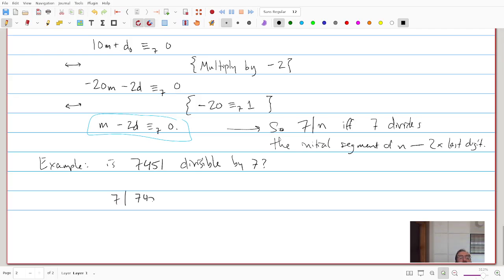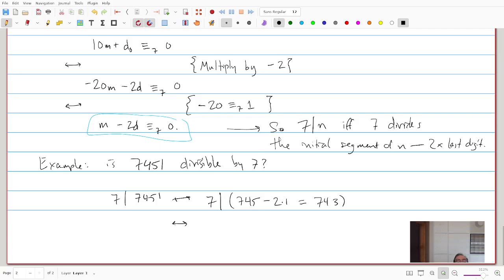7 divides 7451 if and only if, well, with 7451, I'm going to subtract 2 times 1 from 745. So this is if and only if 7 divides 745 minus 2 times 1, which is equal to 743.